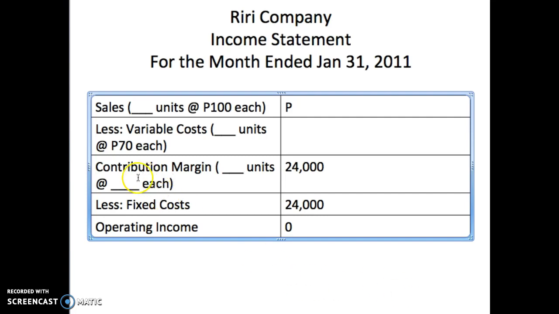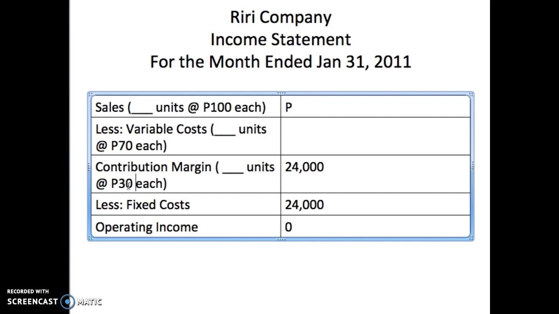Now, this portion here, this one that I'm circling right now, is our contribution margin per unit. And how to actually calculate for that is just, we look at the selling price per unit minus the variable cost per unit, we get the contribution margin per unit. In this case, that's 30 pesos.